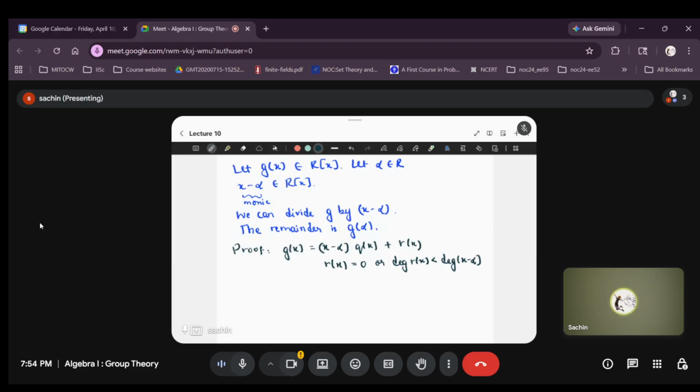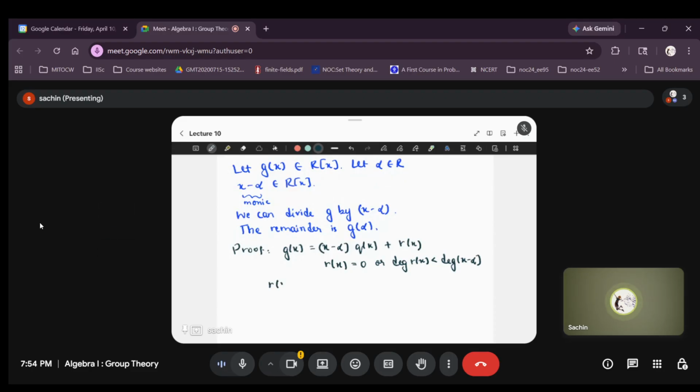But degree of r of x less than degree of x minus alpha means what? Yeah. So 0 degree. So it is a constant polynomial. It's either 0 or some other constant in R.